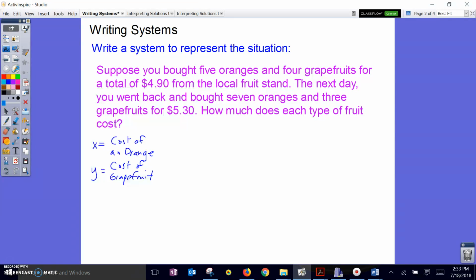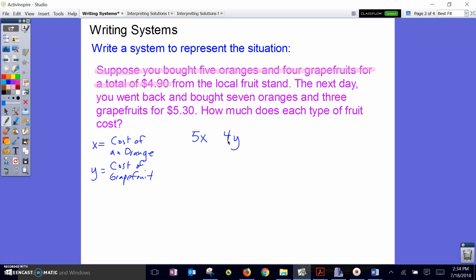Alright, now we'll go back to rereading the problem and writing the two equations to relate the information that we're given. Let's look at the first sentence. Suppose you bought 5 oranges and 4 grapefruits for a total of $4.90. Well, if we bought 5 oranges, the cost of those is going to be 5 times the cost of the orange, which is X. And if we bought 4 grapefruits, we're going to take 4 times the cost of the grapefruit.